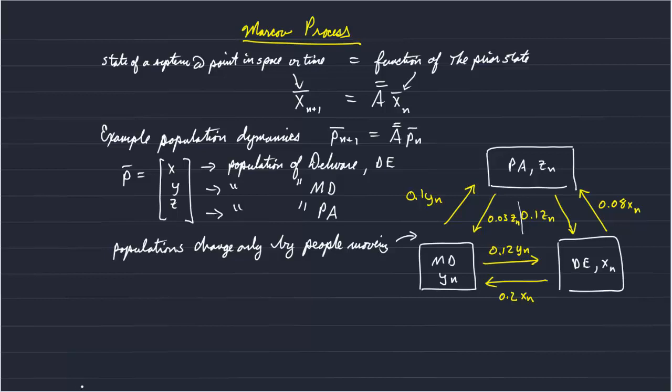So we can now write the population of Delaware in the next year, the n+1 year, as equal to the starting population in the year before minus the percentage that leaves Delaware. So that's 0.2 plus 0.08.